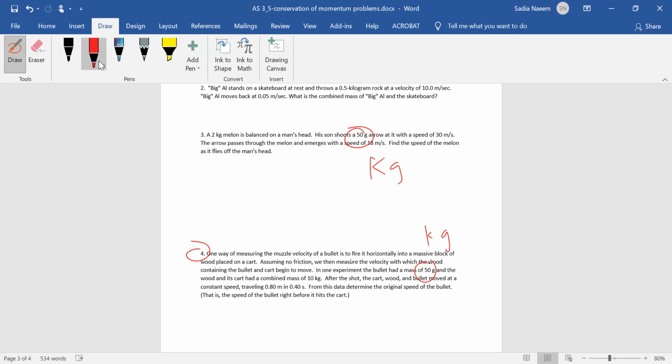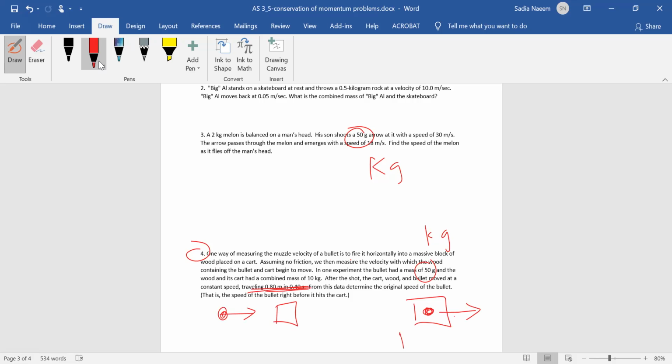So what they do is they fire a bullet and it hits a wooden block. That's your before diagram. Afterwards, the bullet gets embedded in the block and they together move off with a joint velocity. So they tell you that after the bullet hit the block, it moved 0.8 meters in 0.4 seconds.